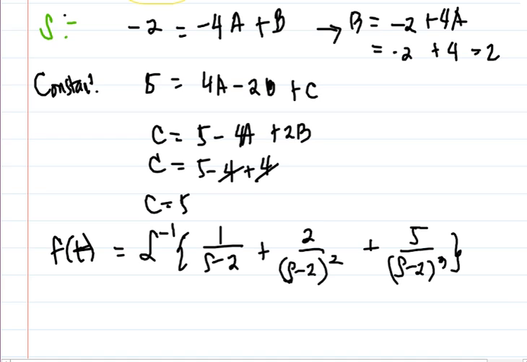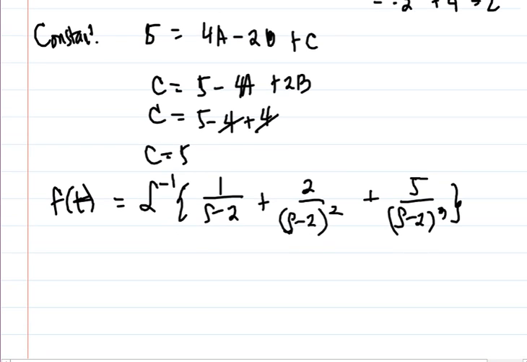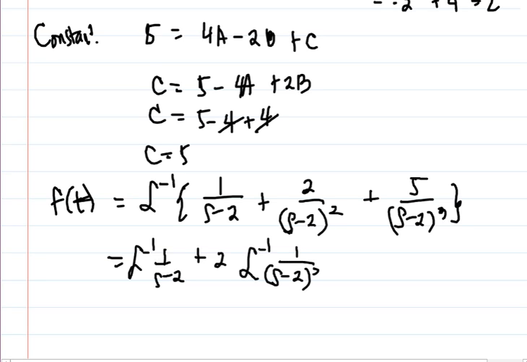Okay, so applying the rule of the inverse Laplace transform, we will have the inverse Laplace transform of 1 all over s minus 2, plus 2 times the inverse Laplace transform of 1 all over (s minus 2) squared, plus 5 times the inverse Laplace transform of 1 all over (s minus 2) cubed.